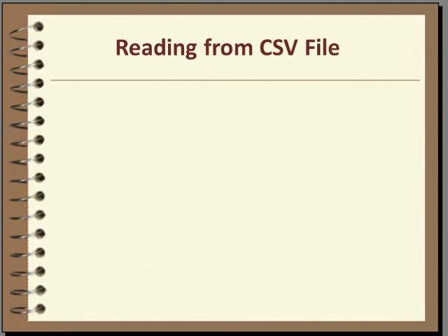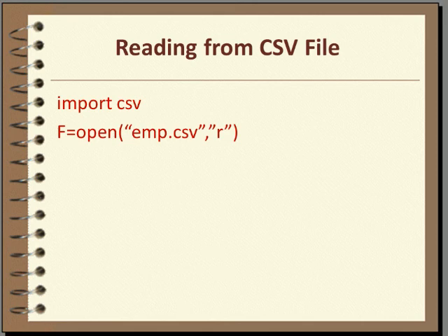We will now learn and understand how to read from a CSV file using a Python program statement by statement. The first statement is import csv and the second is creation of the file object. Here I have used the open function with two arguments. The first is the name of the file.